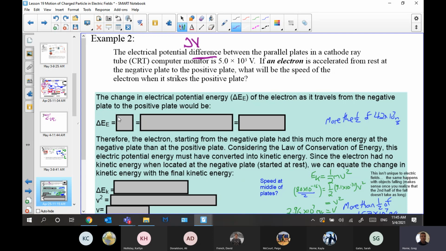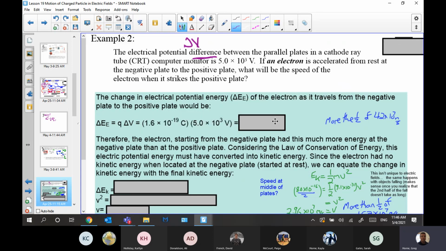So let's start out with, they're asking if an electron's accelerated from rest at the negative plate all the way to the positive plate, what would be the speed? This is one where we're going to do that same kind of work again, where we get the energy and then we get the speed. We know the energy is still this formula: the potential difference is change in energy per charge.